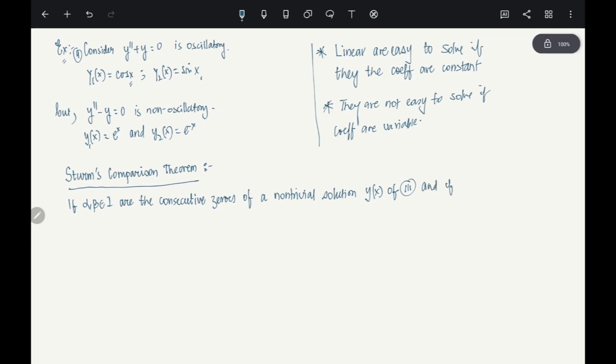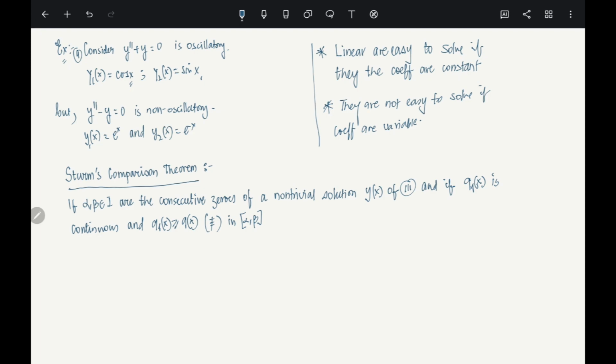And if q1 of x is continuous, there is a function q1 such that q1 of x is continuous and q1 of x is greater than or equal to q of x in alpha beta. Of course they are not equal everywhere; for some points they may be equal, but generally they are not.